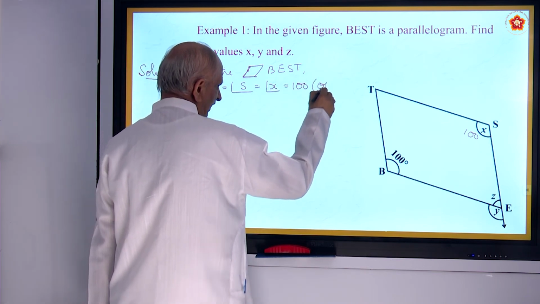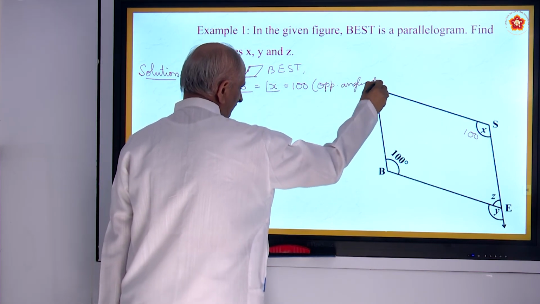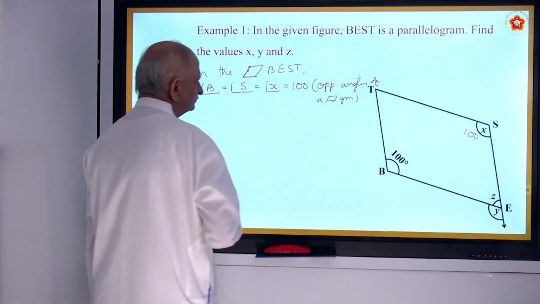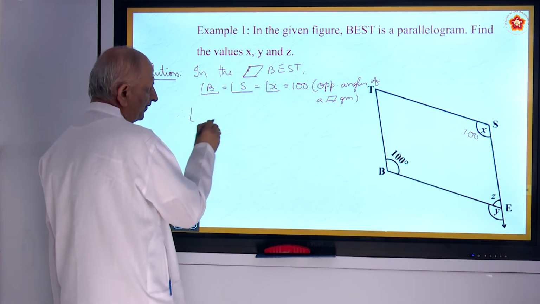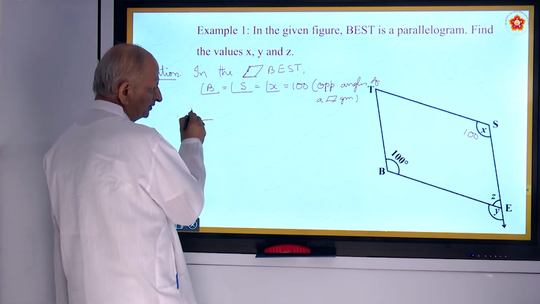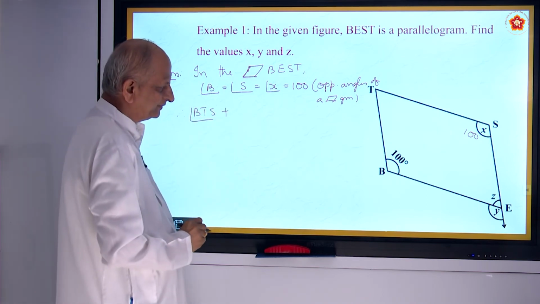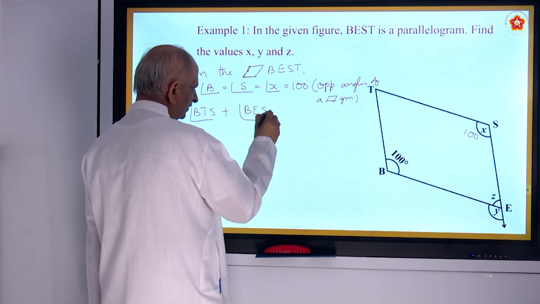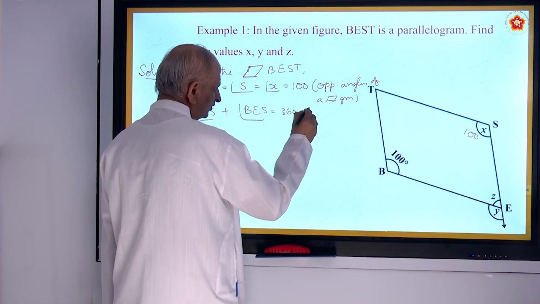They are opposite angles of a parallelogram, and therefore, you can write sum of angle T and angle E, what do you call it, angle BTS plus BES is equal to 360 minus 200.